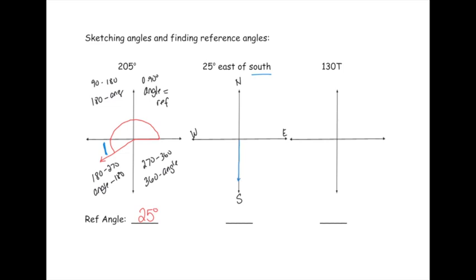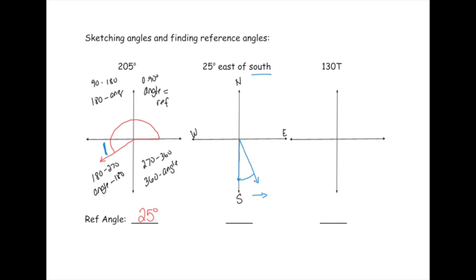East of south moves this direction. So I'm going to move this direction at an angle of 25 degrees. So that is 25 degrees east of south.